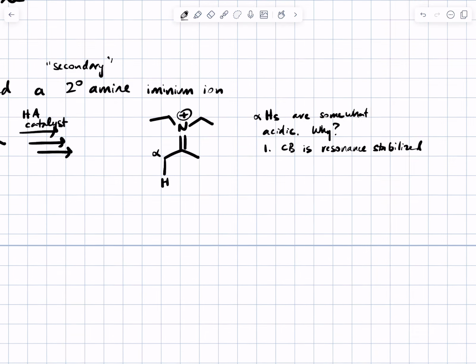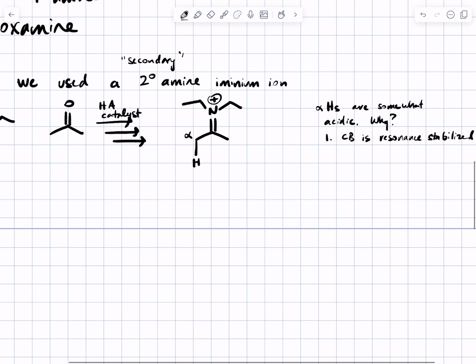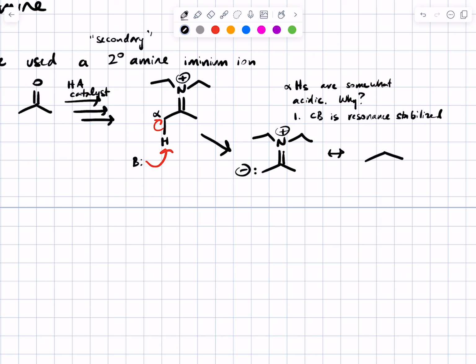To show that, we would simply draw a base removing the proton, and we'll put the negative charge on the alpha carbon. But you will see very quickly that that negative charge is stabilized by resonance.